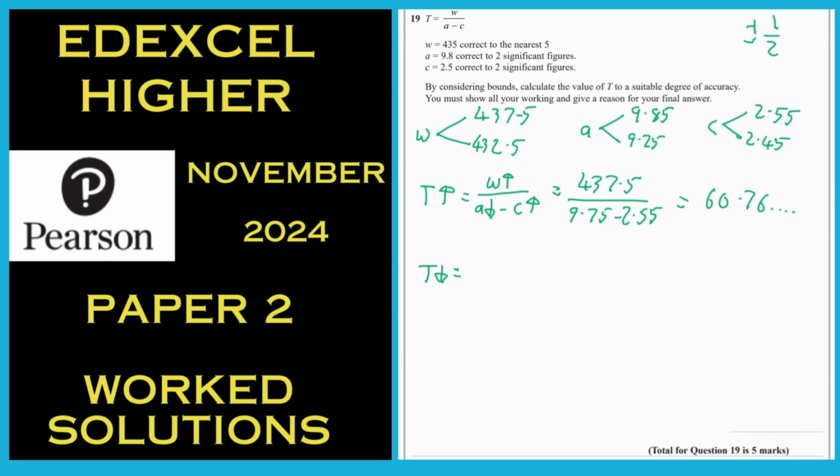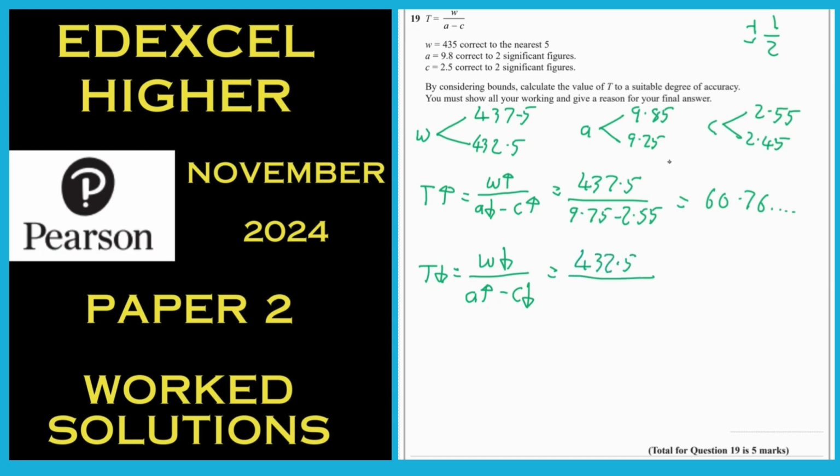Let's reverse that logic. If we want t to be as small as possible, we want smallest w divided by biggest bottom, and the biggest denominator is by having biggest a take away smallest c.